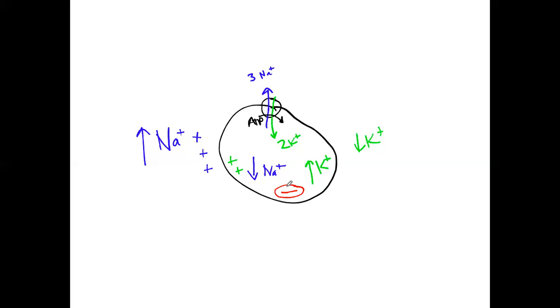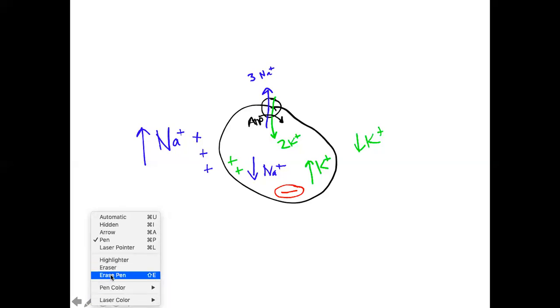Now, how do we get the negative 70? Okay, so how do we get that negative 70? See if I can undo that. Guess not.